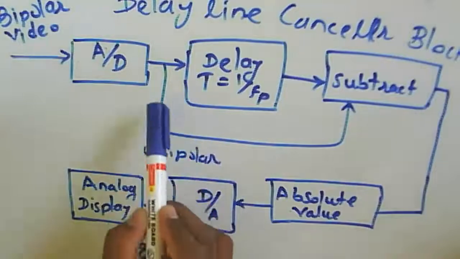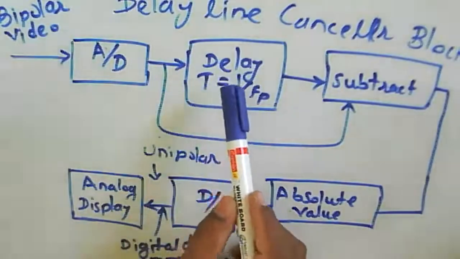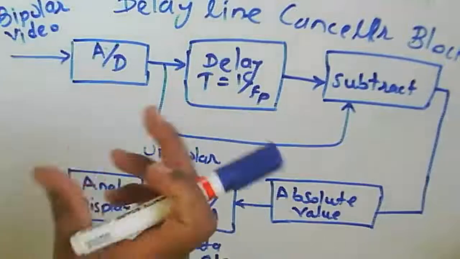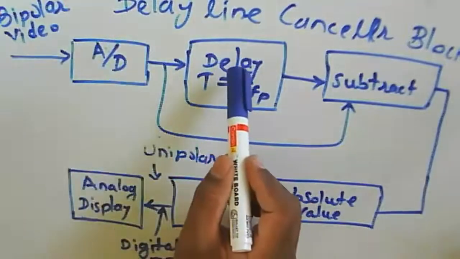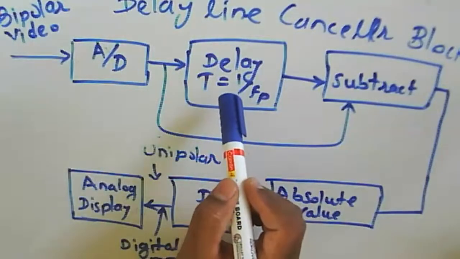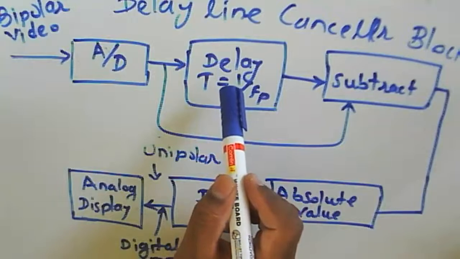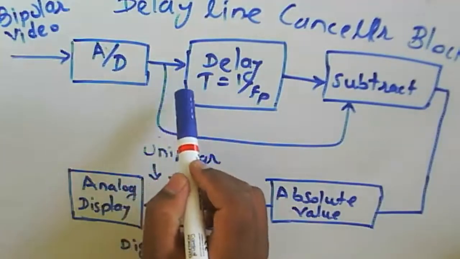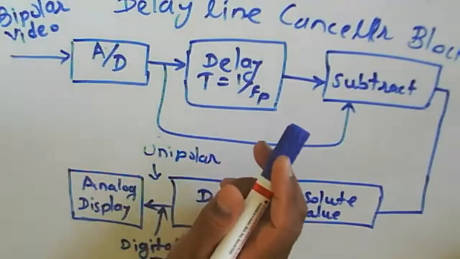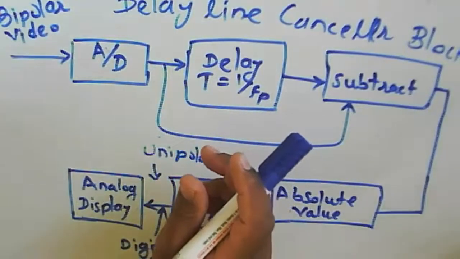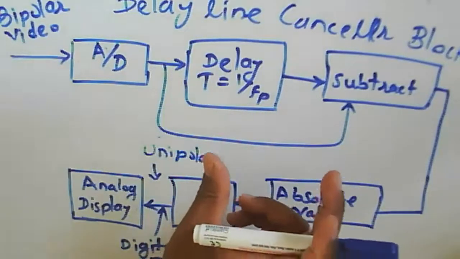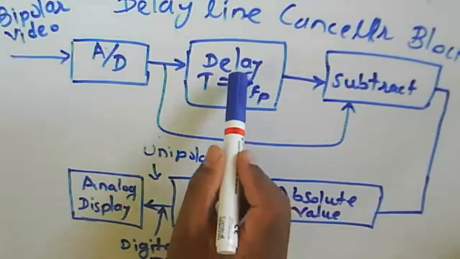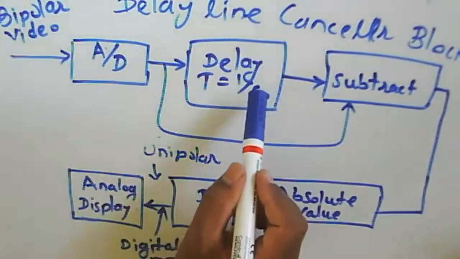So here we have the bipolar video input, and then we use a delay. That delay is set according to the radar output at transmission, because we are transmitting a pulse, so we should know the pulse repetition frequency.